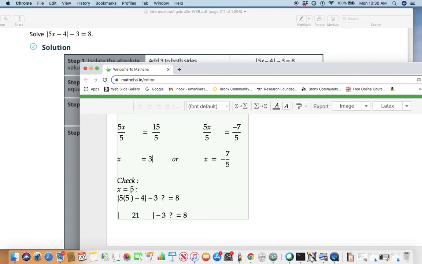No wonder it wasn't working out. All right. Good. 3 times 5 is 15, and 15 minus 4 is 11. The absolute value of 11 is 11, minus 3. Is it equal to 8? Yes. x equals 3 is a solution.